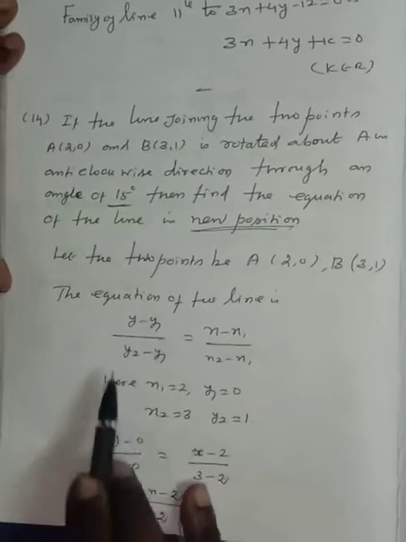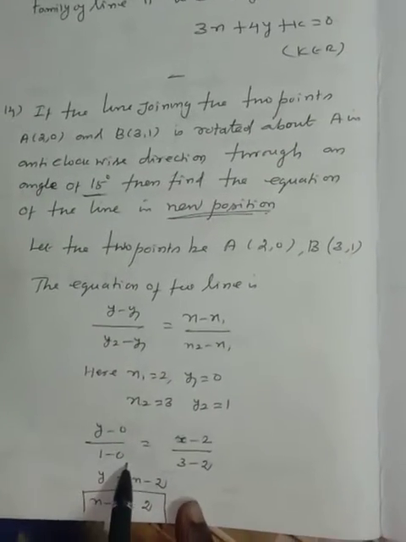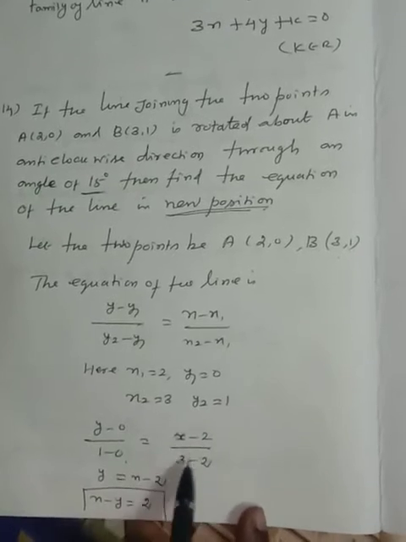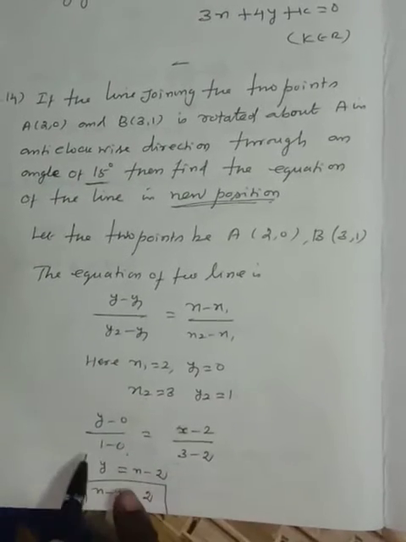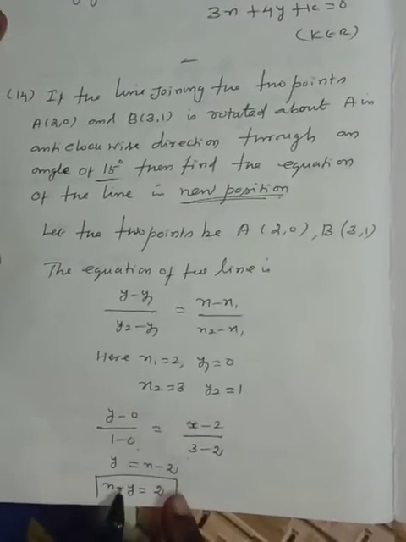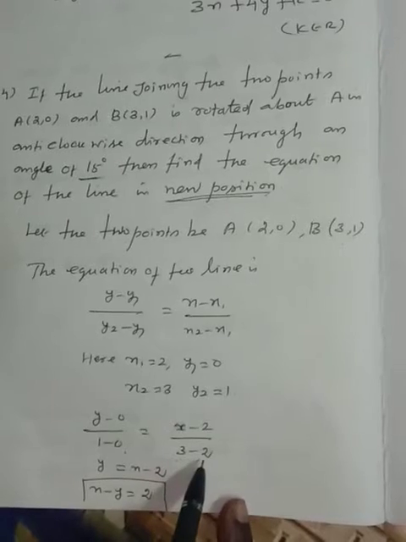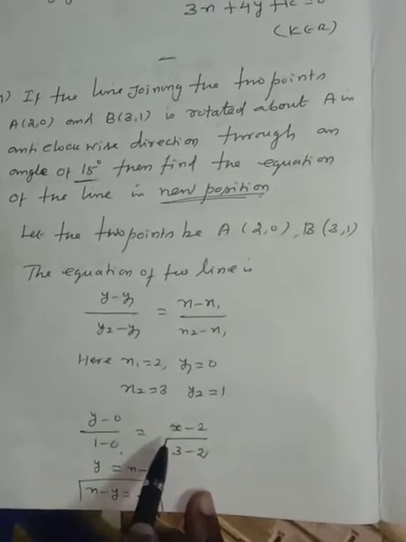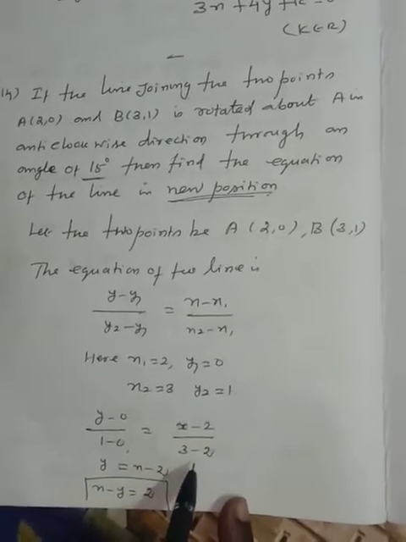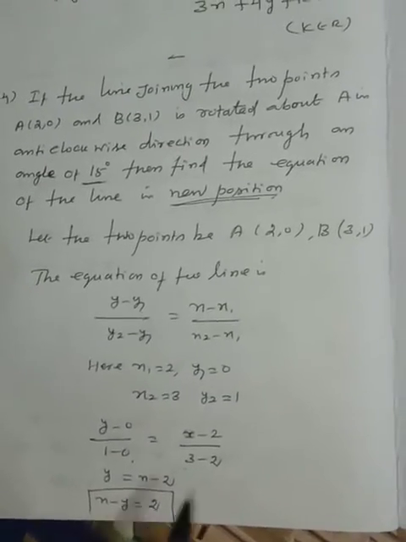Using the formula, y minus 0 divided by 1 minus 0 is equal to x minus 2 divided by 3 minus 2. Now y minus 0 is y, y divided by 1 is y, so the left hand side is y. The right hand side is x minus 2 divided by 3 minus 2, which is 1, so divided by 1 it is x minus 2. So y is equal to x minus 2. That is, x minus y is equal to 2.